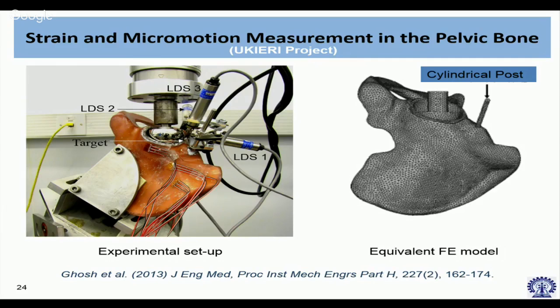So why not try to validate the DIC measurements with the strain gauge, the age-old robust technique? What we did was erase the paint with acetone. If you use acetone, you can dissolve the paint on the surface.